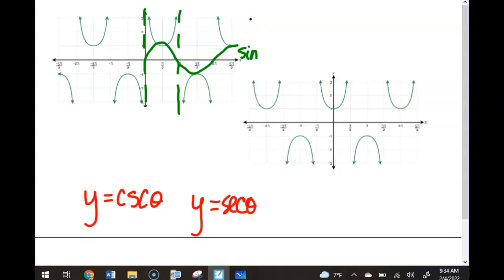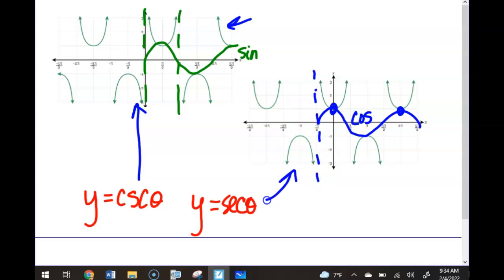So this one must be a cosecant. Okay, if I were to do the same thing here, where there's undefined places, it must have been a zero. So it must have looked like this. That shape right in there is a cosine, so this one is a secant.